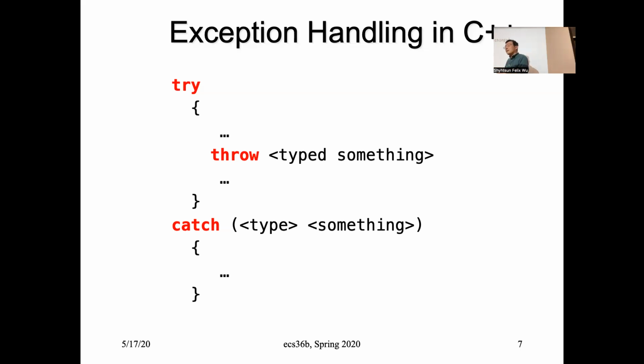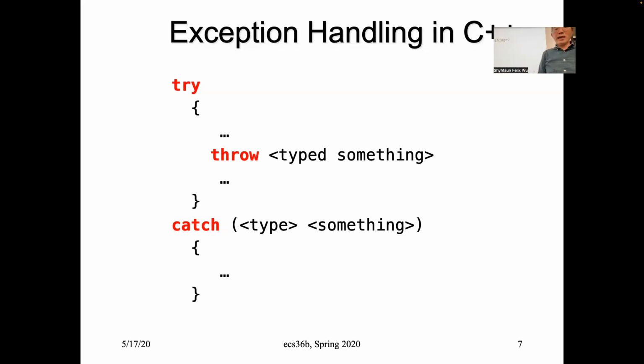For example, you can throw PL derived and catch PL derived, but you can also throw PL derived and catch PL base. That's okay as well. As long as the types match, just pretty much like a function call, this is the way it works.